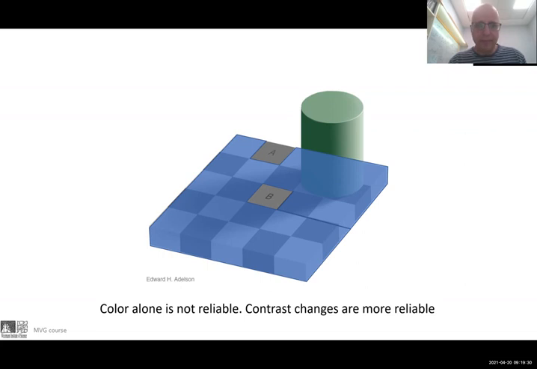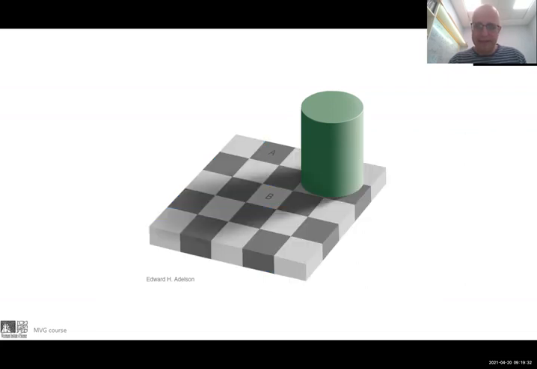The reason we see B as lighter than A is that B is actually in the shadow cast by the cylinder. We understand that the color is darker for B because of the shadow, and we compensate for this.